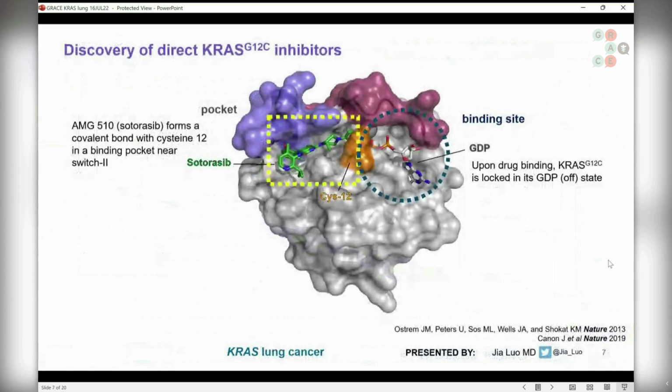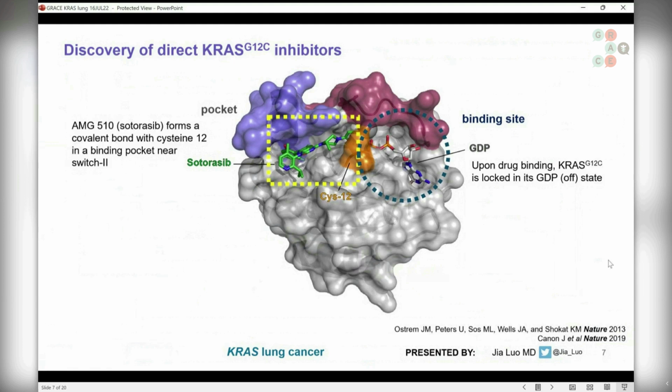So to talk a little bit more about this discovery, here I've illustrated what the actual medicine does to the KRAS protein. So shown in the blue circle is the binding site of the GDP, which is a molecule that is bound to the on-off form of KRAS. And what happens is these scientists were able to find a separate pocket, which is illustrated in the yellow box, that had previously been unknown.